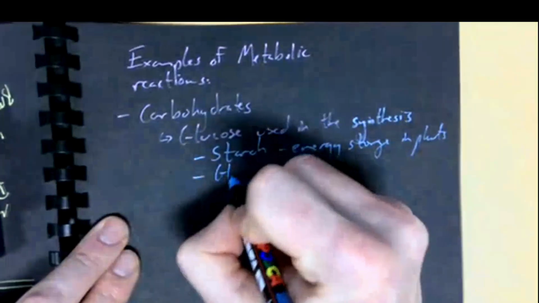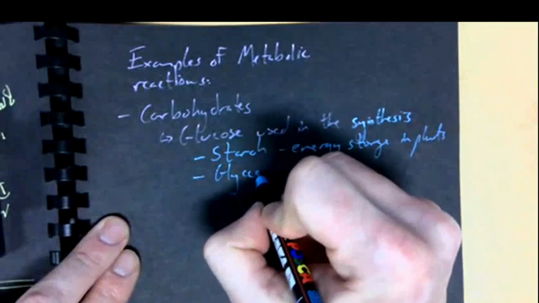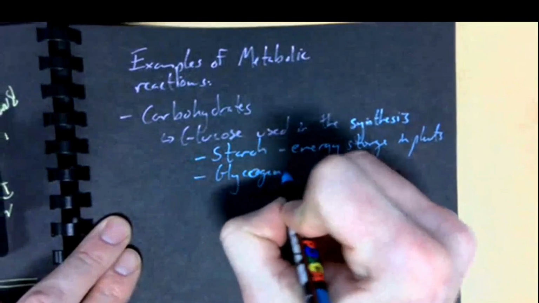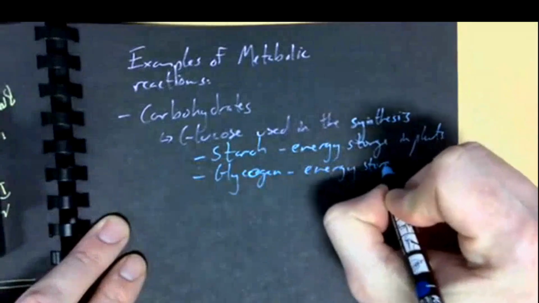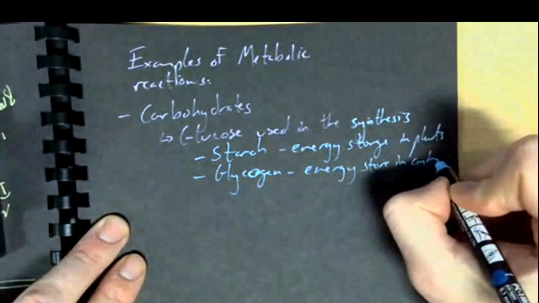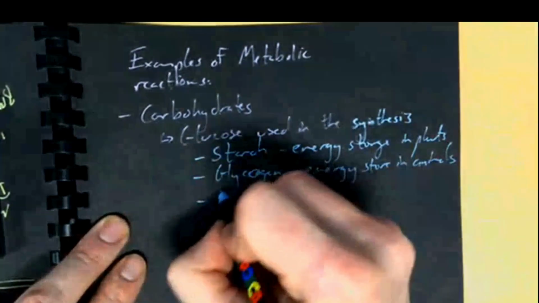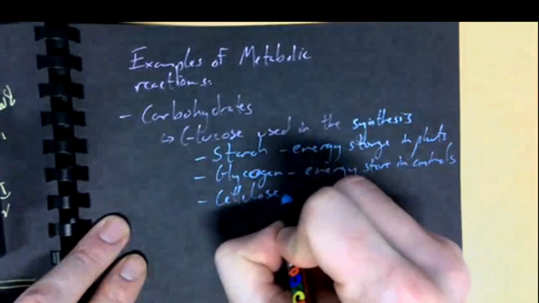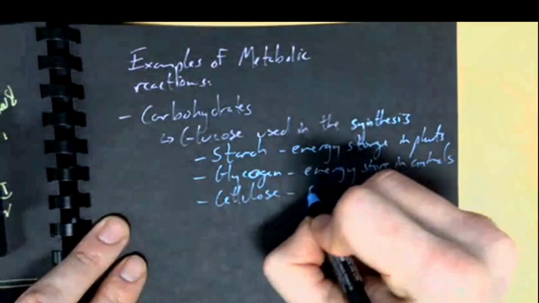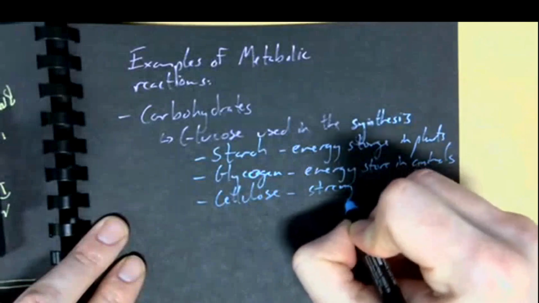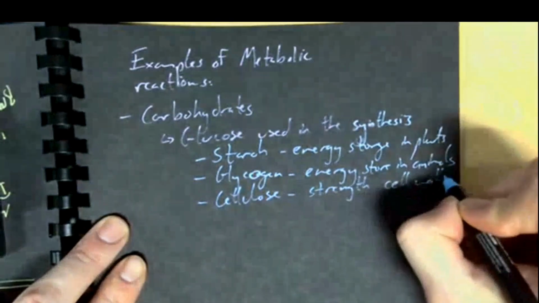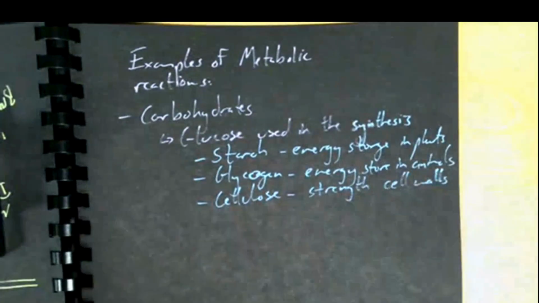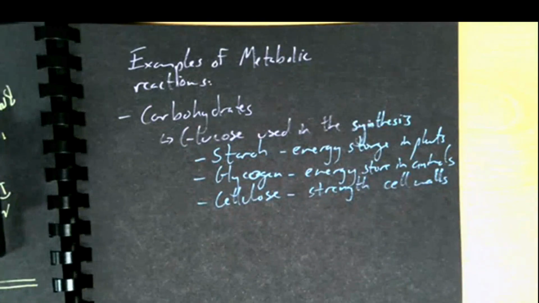Used in glycogen, which is your energy store in animals. And is used in cellulose, which is used to strengthen your cell walls. Not your cell walls, you don't have cell walls, you're not a plant, but it is used to strengthen the cell walls.